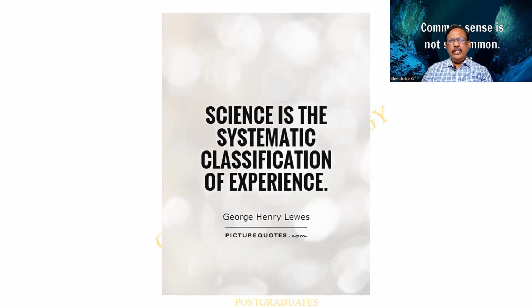What is epithelial? What is non-epithelial? And what are the sites where we can get all this? And how do you grade them into well-differentiated, moderate, or poorly differentiated? And what can be a collision lesion? What can be the mimickers? So you find that there's too large a list, but then science is a systematic classification of experience. I hope I had given you enough justice and you will be doing the answer well. Thank you.